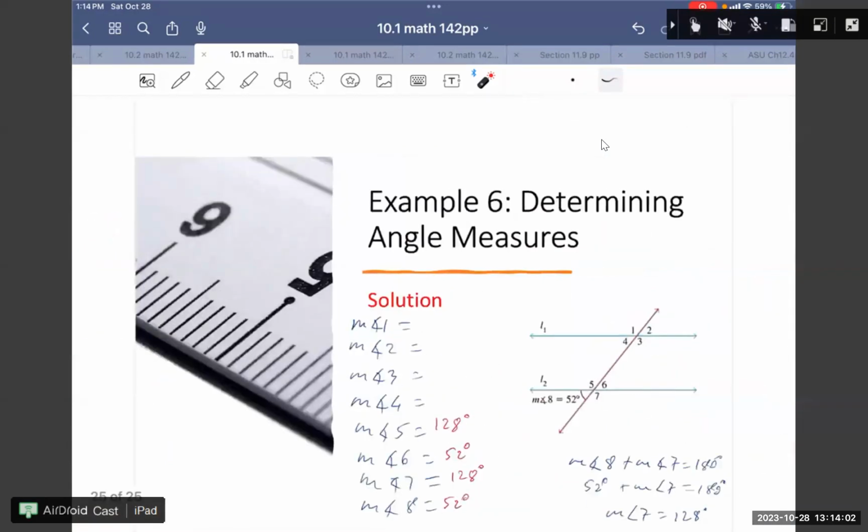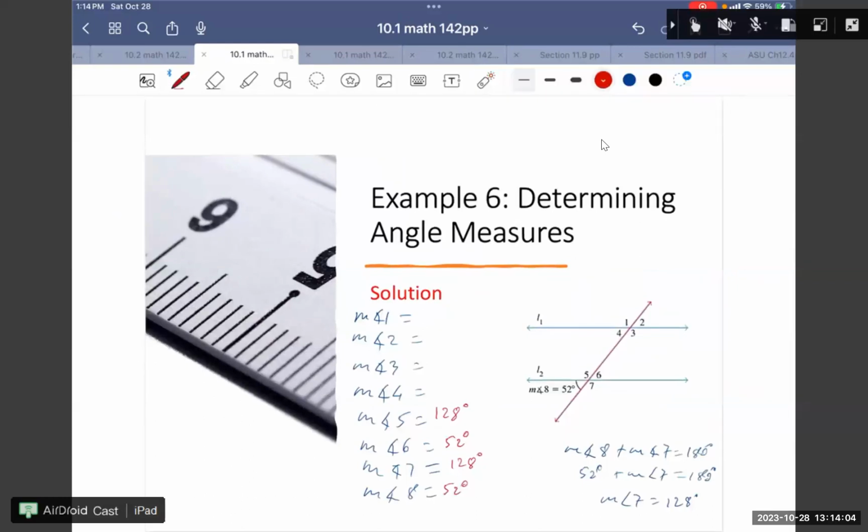We know angle 6 is 52, so angle 4 is 52, and it has the same measurement as angle 2, so that's 52.